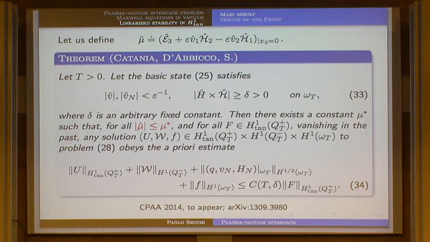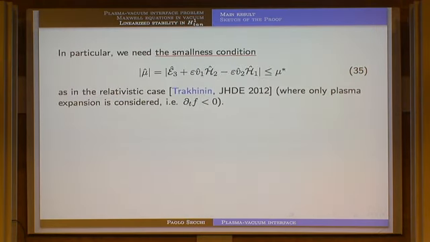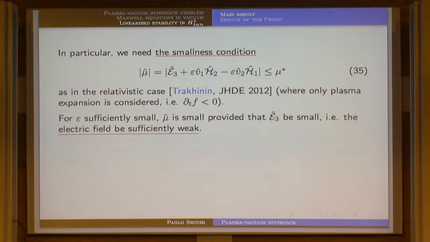So here I have this smallness assumption for this quantity, as I said, as in the relativistic case. A possible interpretation: this parameter epsilon is very, very small. So think of giving V and H, epsilon is small, so this part is small. And we give the interpretation that the electric field has to be small in order to have this kind of stability.